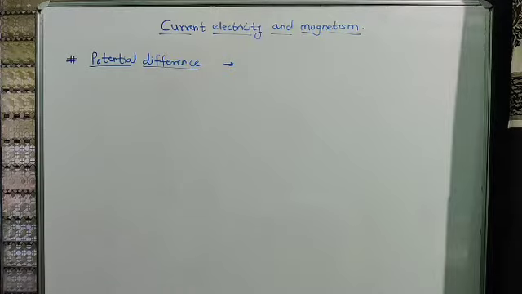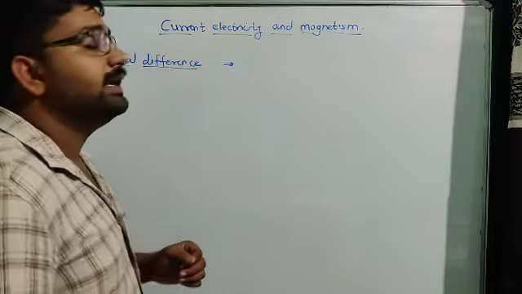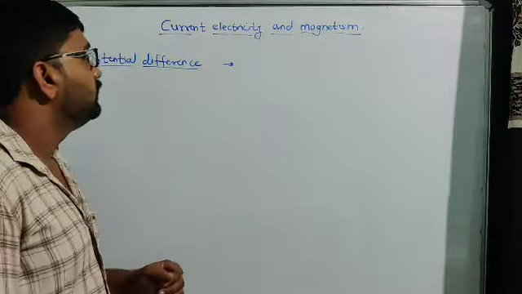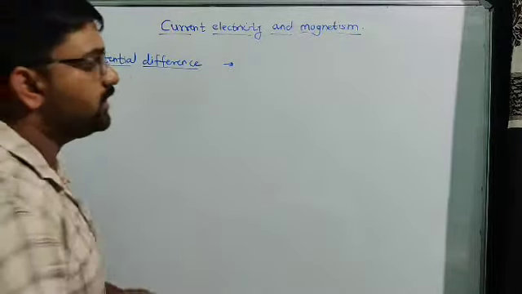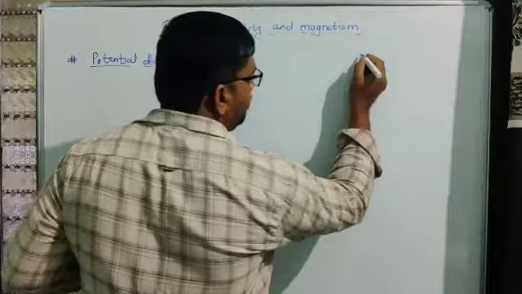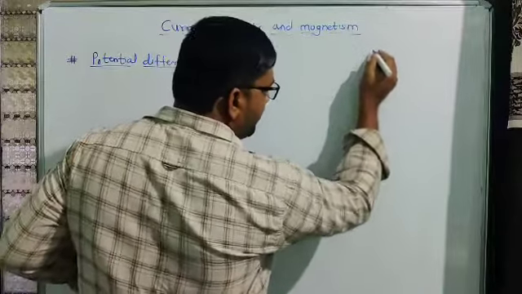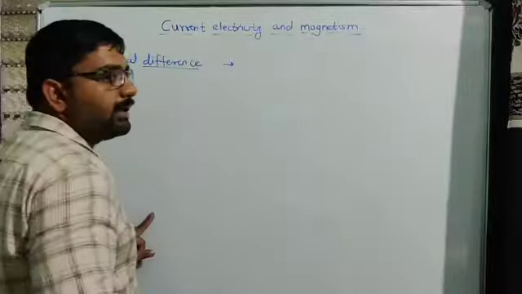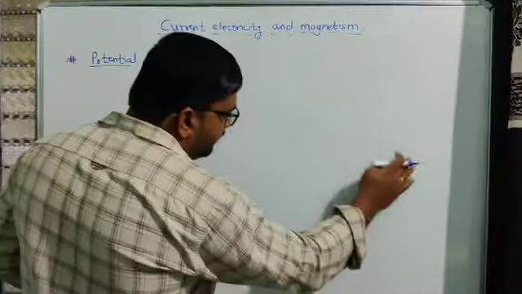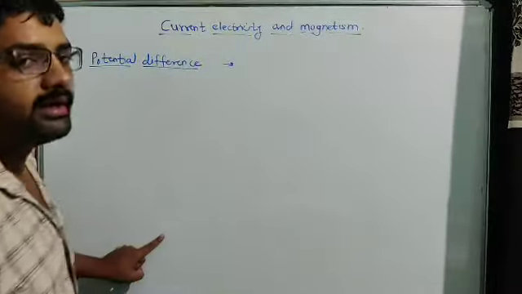So up to the last point we studied electrostatic potential. If there is a difference of potential, we consider the two tank example. One is at higher height, one is at lower height. Another example is temperature, one end of the wire is at higher temperature, one at lower temperature.